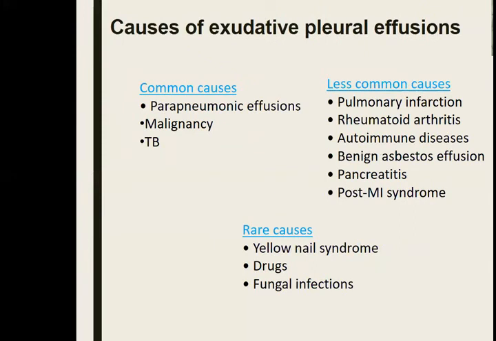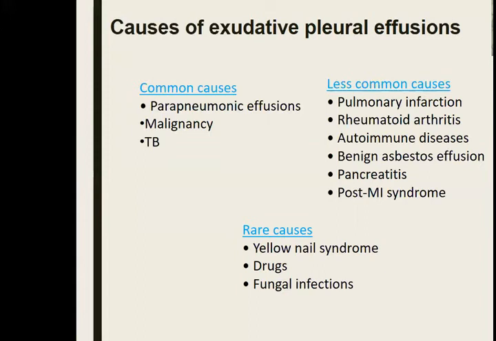Then we have a big group of exudative pleural effusion. The three most important are parapneumonic effusion, malignancy, and TB in our country. Less common: rheumatoid arthritis, pulmonary infarction, autoimmune disease, benign asbestosis effusion, pancreatitis, post-MI syndrome. Rare causes are yellow nail syndrome, drugs, and fungal infection, where you will find an exudate.